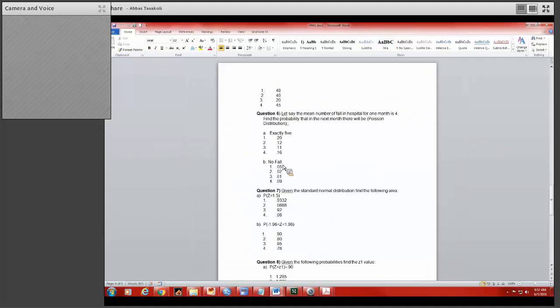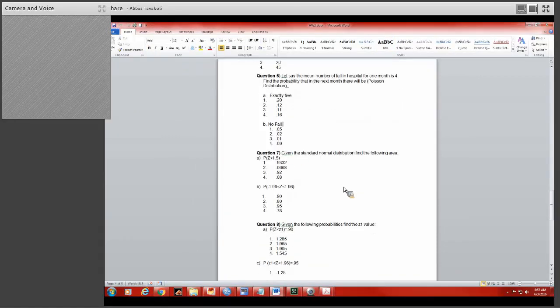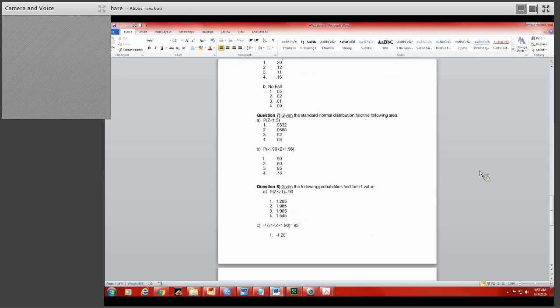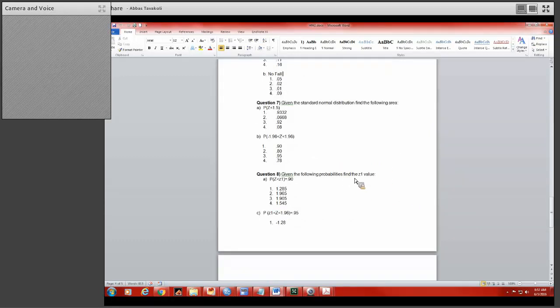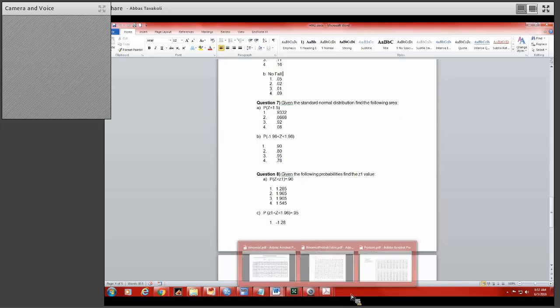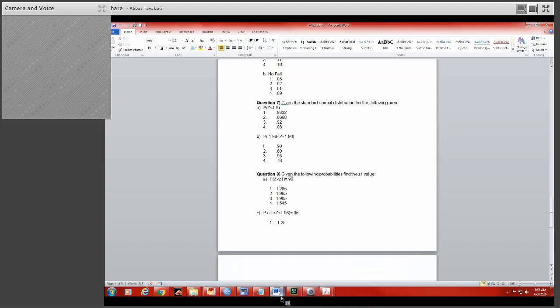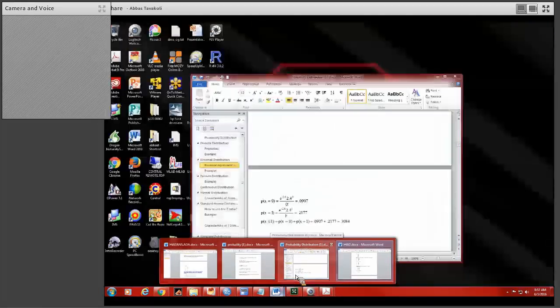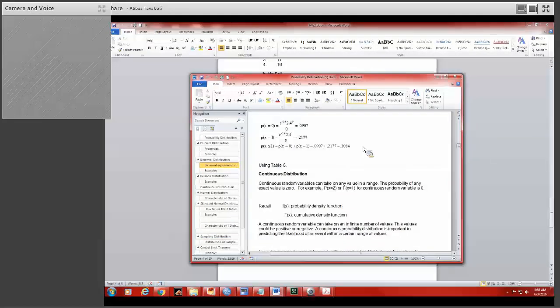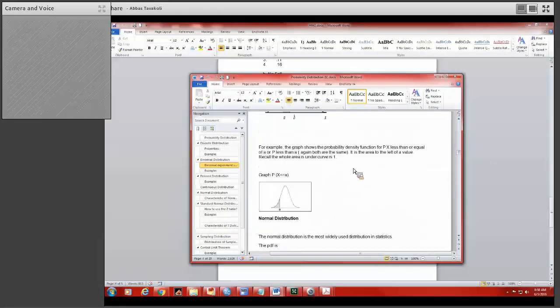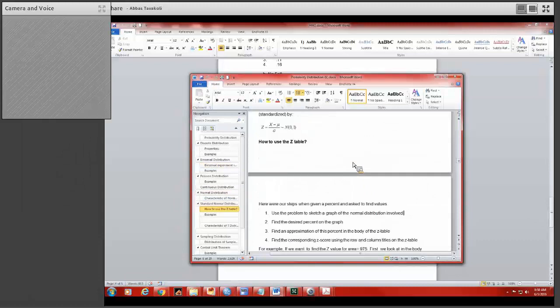If I want to calculate, again, for less than 1, then this is 0.2707. So again, you can use either the table or calculate it from the function. So here again, exactly 5, no falls, which means 0. You can calculate that.